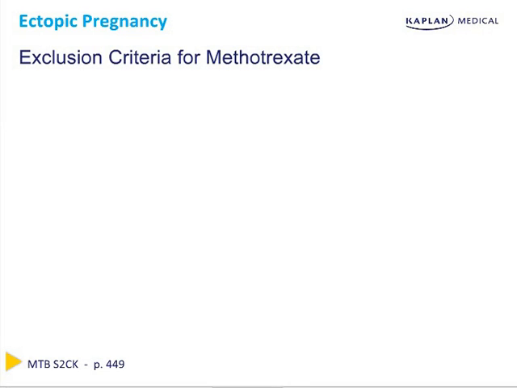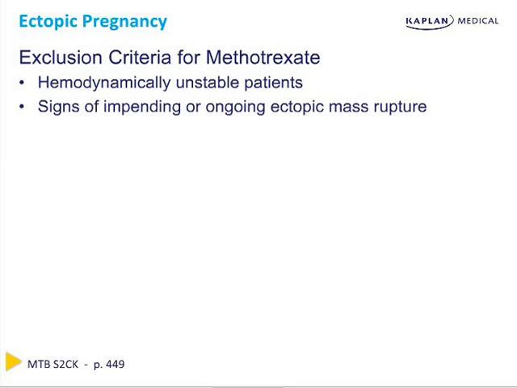Some women are not appropriate candidates for medical therapy and should be managed surgically. The Step 2 exam may test you on contraindications to methotrexate therapy, which include hemodynamic instability, signs of impending or ongoing ectopic mass rupture, such as severe or persistent abdominal pain, or greater than 300 milliliters of free peritoneal fluid outside the pelvic cavity.